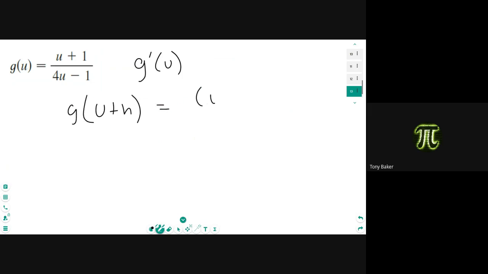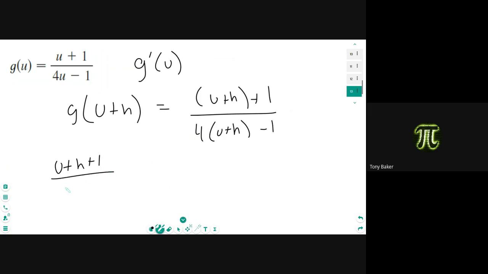So then I have u plus h plus 1 over 4 u plus h minus 1. Do it in pieces. You can clean that up a little bit if you want. So then I have u plus h plus 1 over 4u plus 4h minus 1, minus u plus 1 over 4u minus 1.